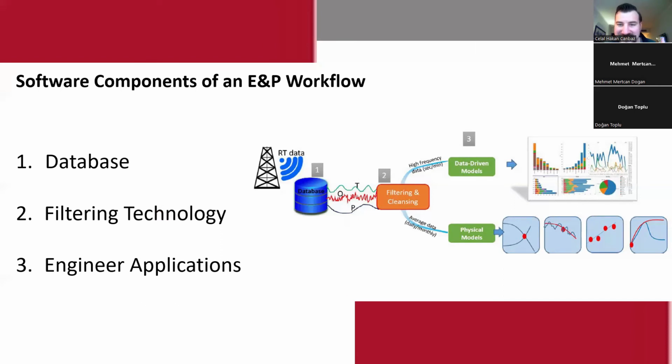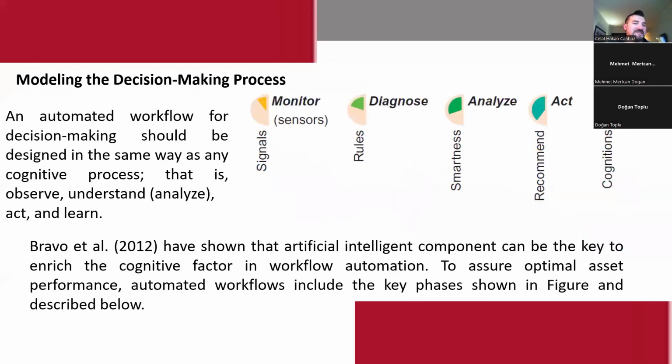So let me go one more step into the details. We can talk about the modeling of the decision-making process. You are making this, but how are you making this? An automated workflow for decision-making should be designed in the same way as any cognitive process, that is: observe, understand, meaning analyze, act, and learn. So here you have the signals from the sensors. You have to monitor them.